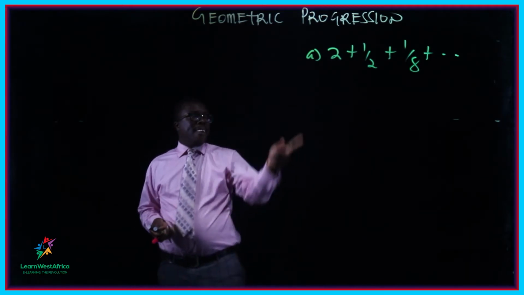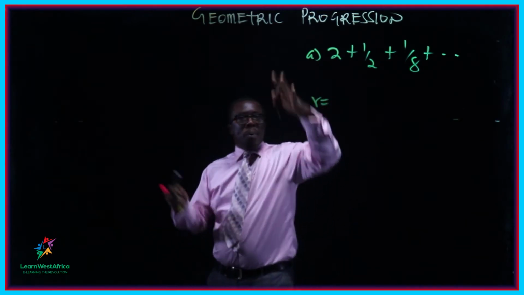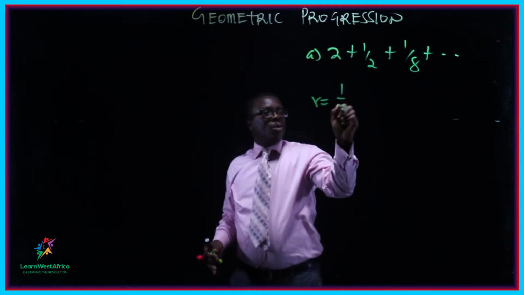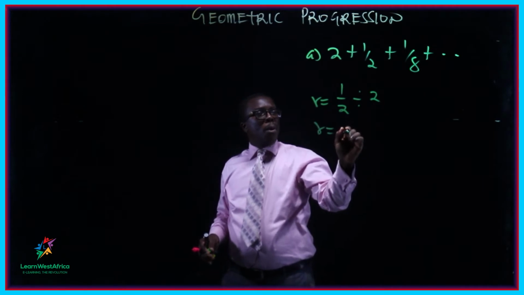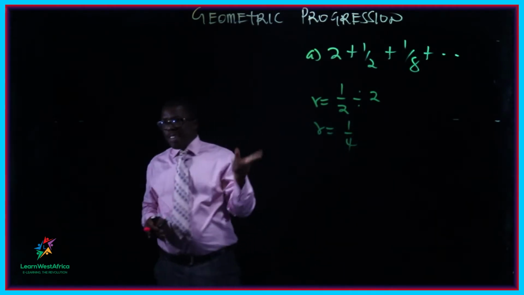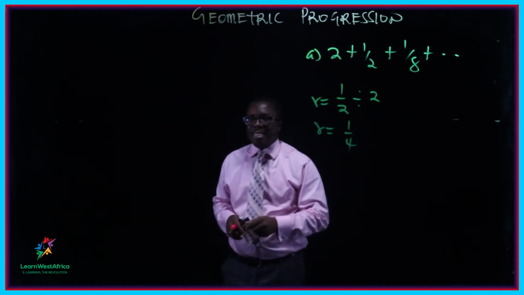Of course. Let's find the common ratio: succeeding term divided by preceding term, so 1/2 divided by 2. Your r gives you 1/4, a quarter. This is less than 1, so it is going to give you a convergent sequence.